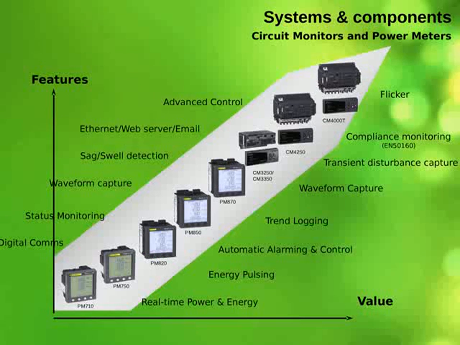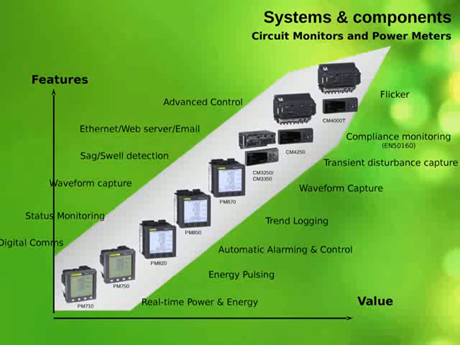It's considered a power meter because it's basically monitoring the power with basic elements, where we're looking at things such as voltage, current, power factor, etc. And the meaning of this slide is just to show you and illustrate features versus value that can be extracted, as we talked about the iceberg, and really being able to go deeper and deeper into the savings potential with what we would call a more advanced circuit monitor.